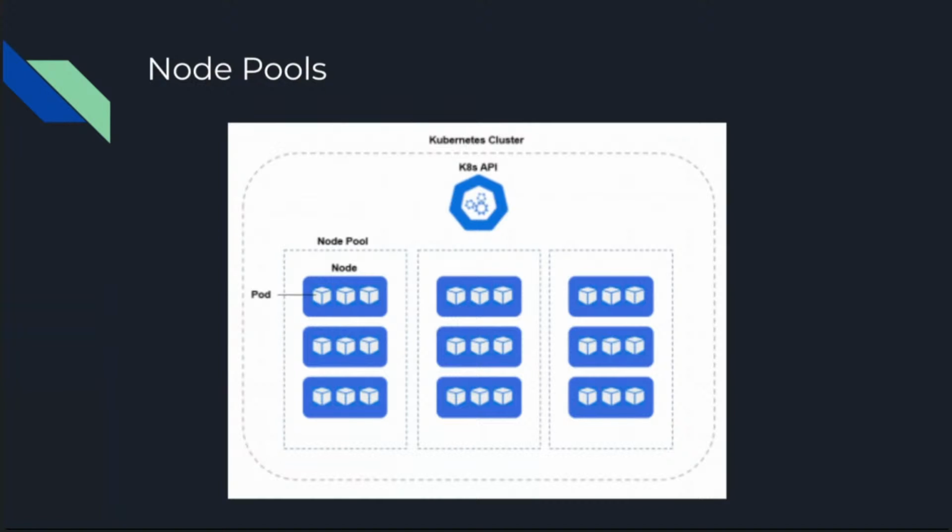So you can assign different physical servers or different capabilities with different node pools. And we usually use node pools when we run things in the cloud. Usually, if we run things on-prem, we are not using node pools. You can of course use them, but it's not a common practice.